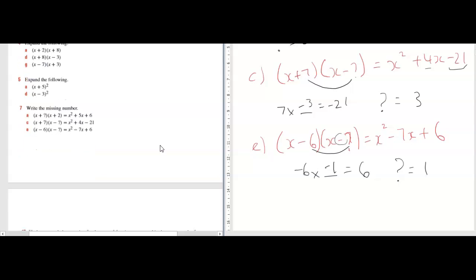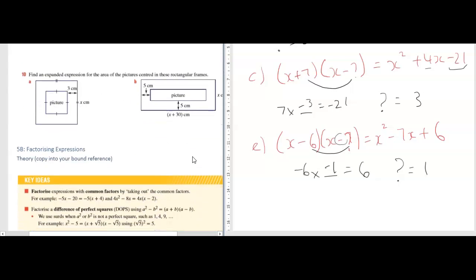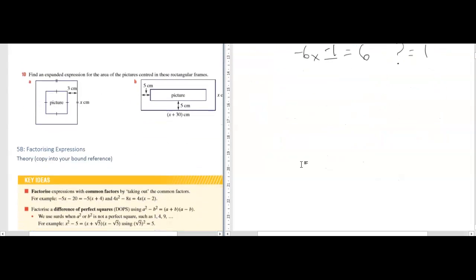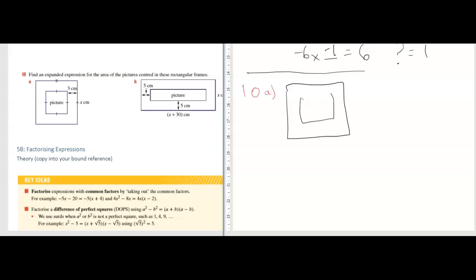All right, moving on. Now, question 10 I put in because you're applying what you know to a worded problem, basically. So question 10A. Let's just draw this diagram quickly. You know that's the picture in the middle.